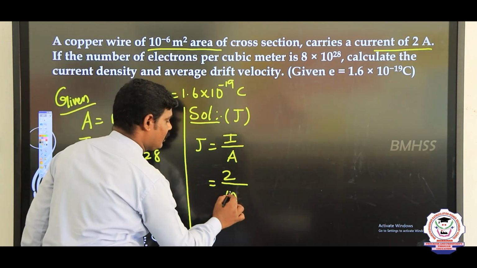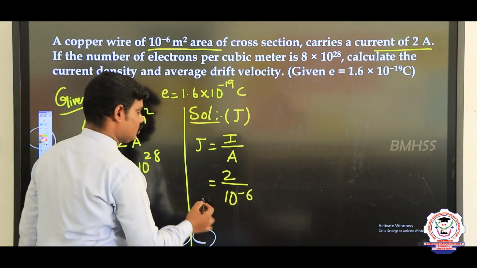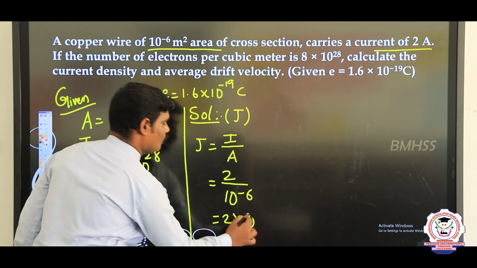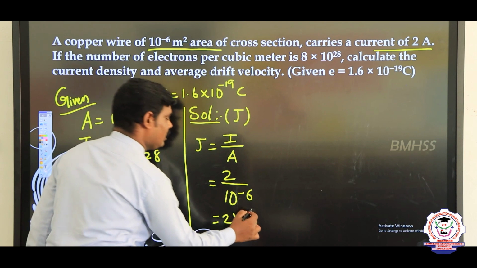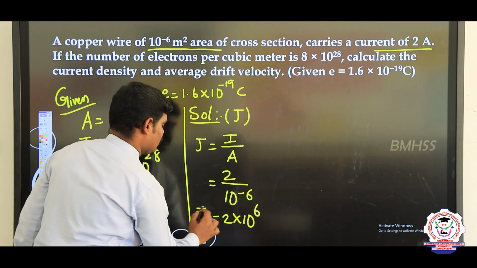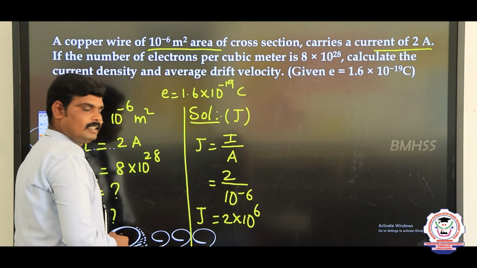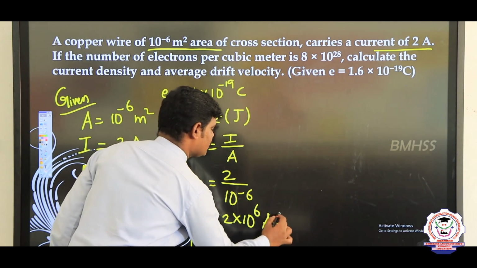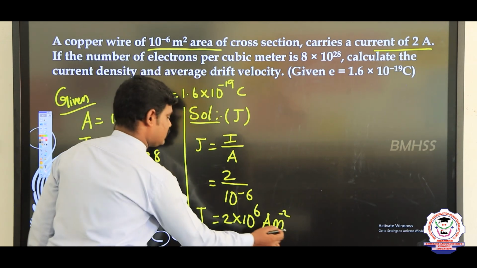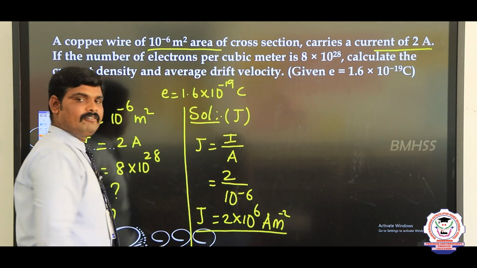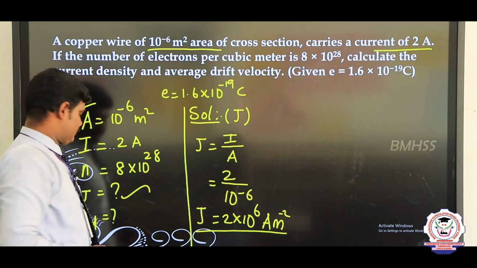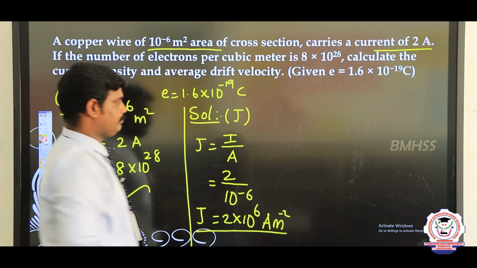So this is 2 into 10 to the power 6. What is the unit of current density? Ampere per meter square. So this is the value of current density. Now J is finished.